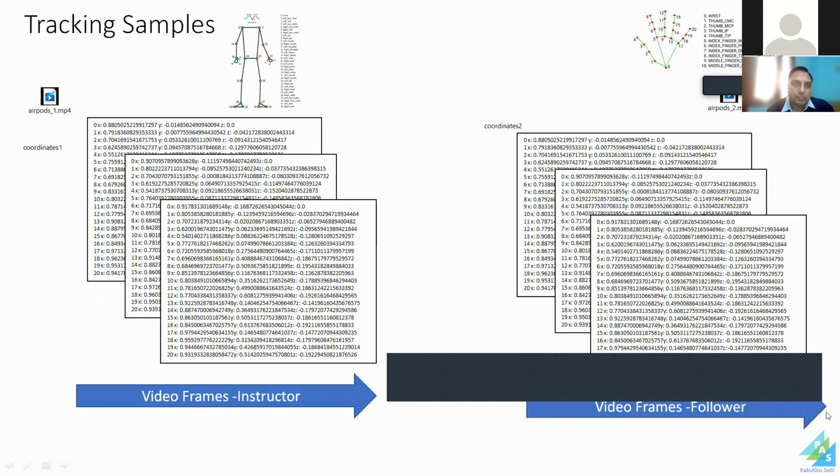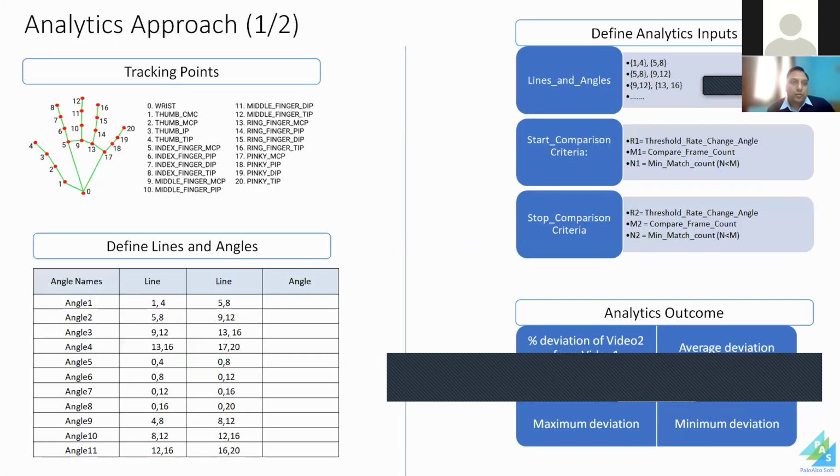So what we do here is define the lines between the different data points, then calculate the angles between the different lines, and then compare those to determine how much deviation there is in video 2 from video 1.